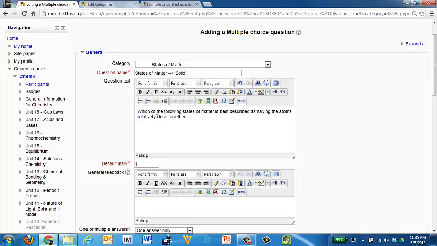Which of the following states of matter is best described as having the atoms relatively close together? Has a definite shape and definite volume.